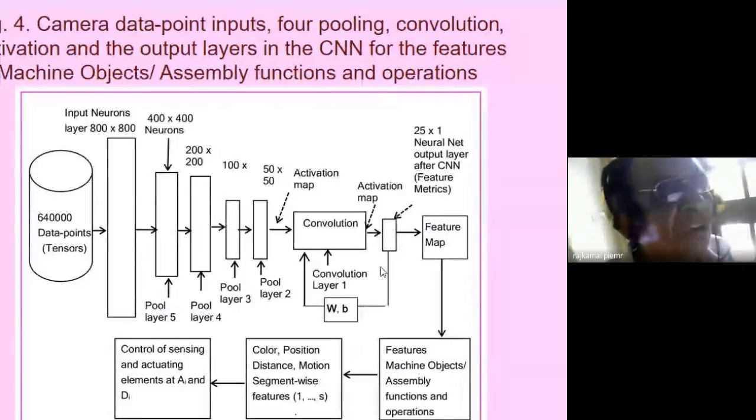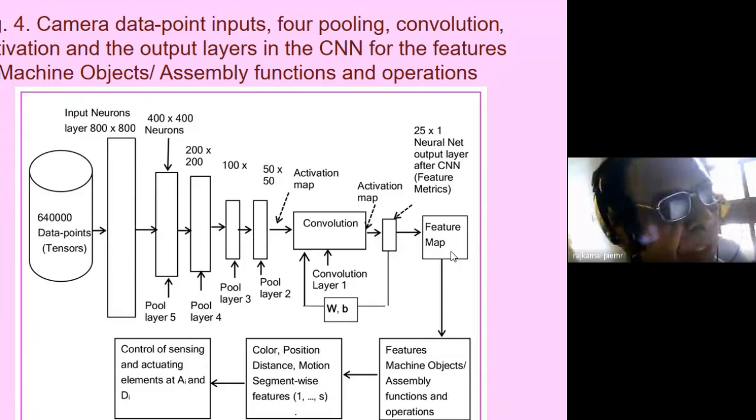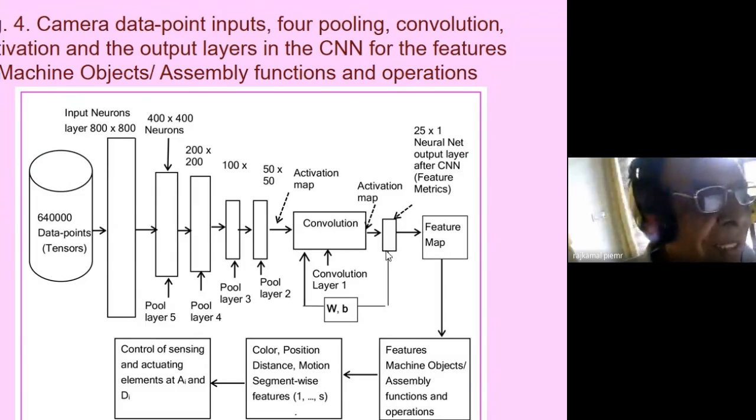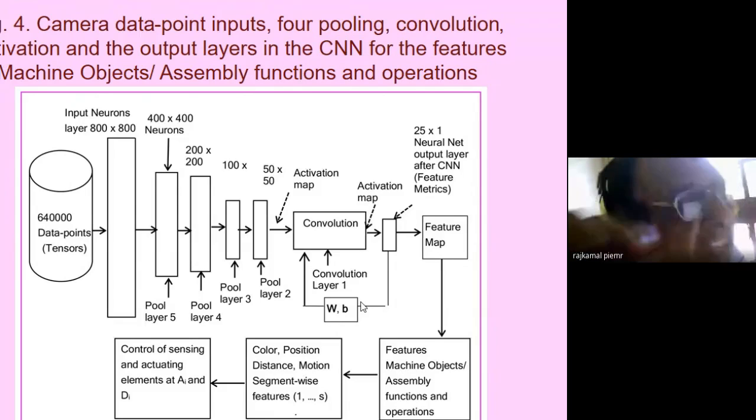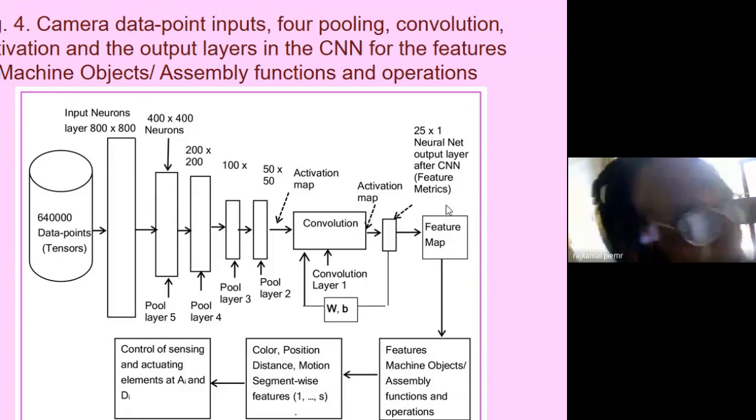Now in this convolution layer, output is obtained. Now the output feature map may not be the correct one. It may have some errors. So different weight factors have to be applied and different biases to be applied. Bias means addition. B is a vector and W is also a weight vector, which is applied to each element of the neural net, that is, each feature.